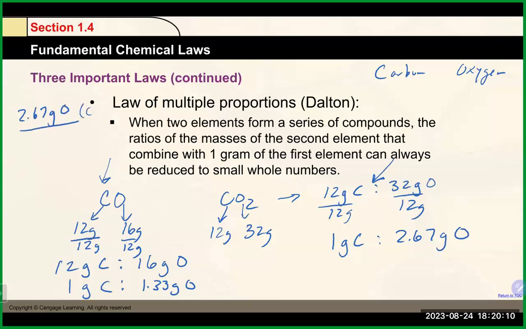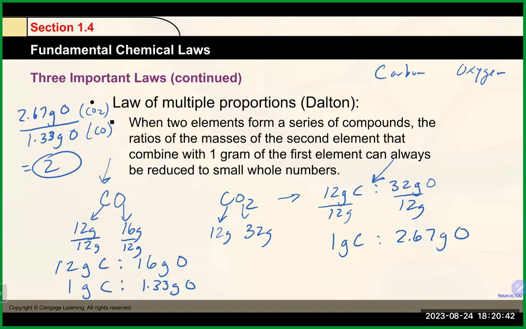I'll just put CO2 next to it. And in the CO, I have 1.33 grams of oxygen. And again, that is from the comparison to 1 gram of carbon in each of them. And if I take 2.67, or the real number, 2.666 all the way around, divided by 1.333, I essentially get 2, right? And that is what it is talking about. The ratio here by mass is a whole number that we end up with.